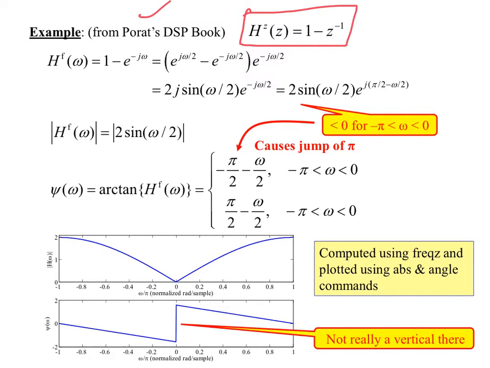We now convert into frequency response by replacing z by e to the j omega, and we get this thing. And then we can factor out an e to the minus j omega over 2 from each term. The purpose of doing that is to end up getting something that will allow us to apply Euler's formula. So here's that e to the minus j omega over 2 term.